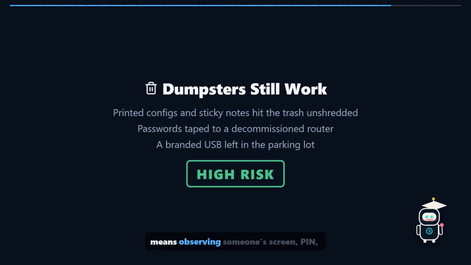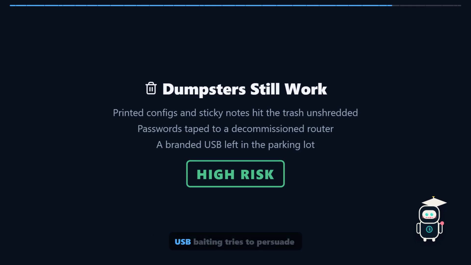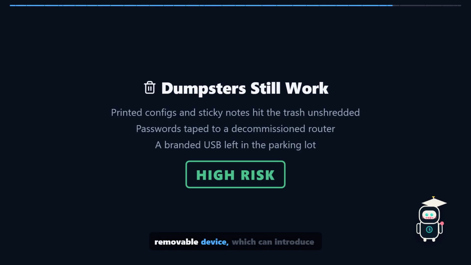Shoulder surfing means observing someone's screen, PIN, badge use, or sensitive conversation. USB baiting tries to persuade someone to connect an unknown removable device, which can introduce malware or trigger unsafe behavior.